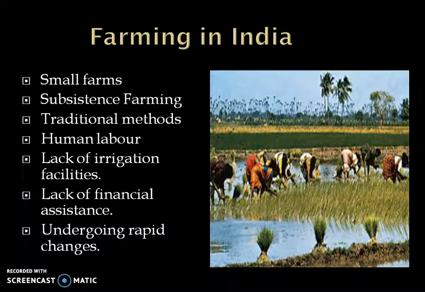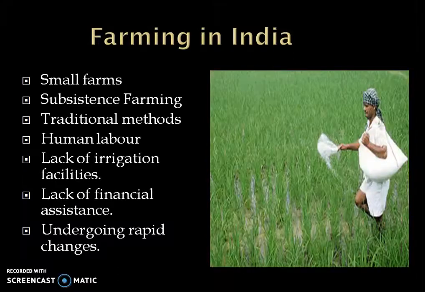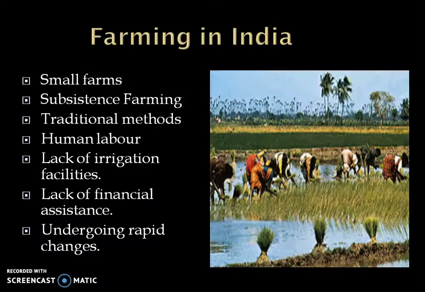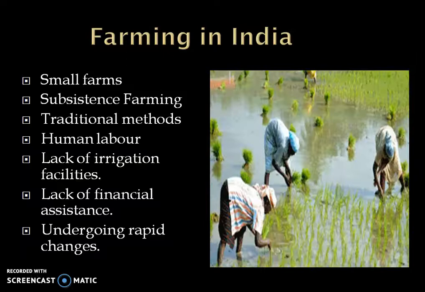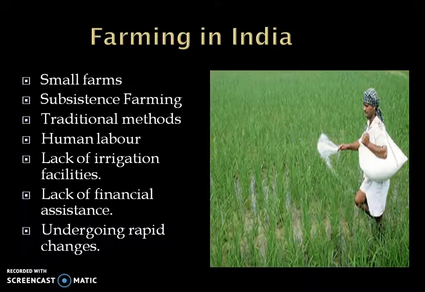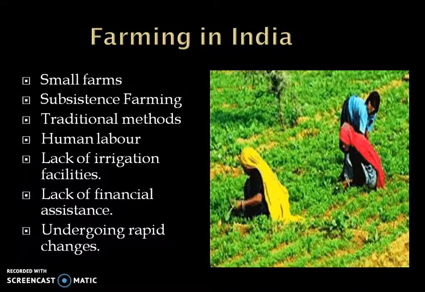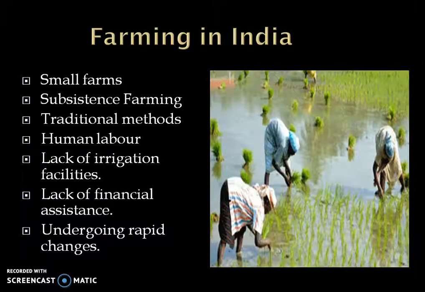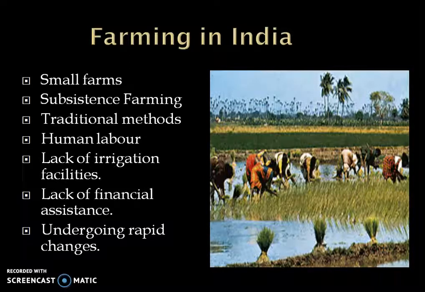Second, subsistence farming. Farming in India is mainly of subsistence type in which farmers grow crops for self-consumption. The purpose of farming is not for selling and earning the profit because they have low quantity of production.